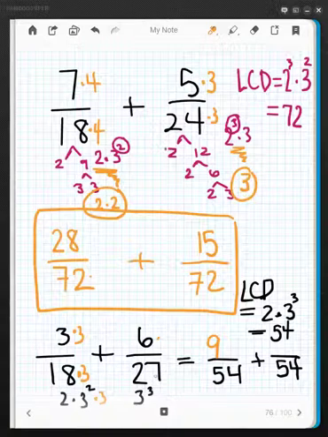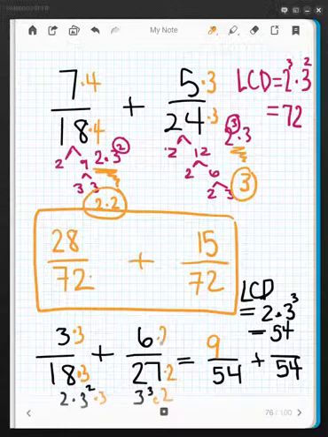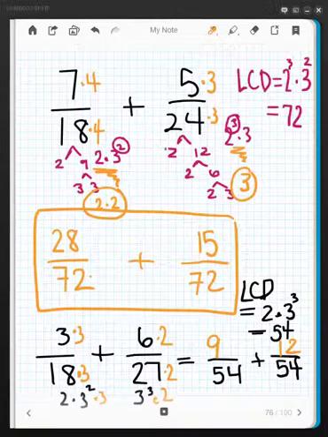Now here with the 27ths, what's missing is the 2, right? So times 2 will give us the LCD. So this times 2, and so this times 2, which would give us the 12. Okay, so that's your little trick. Hopefully that will help, and now you'll be ready to add fractions with unlike denominators.